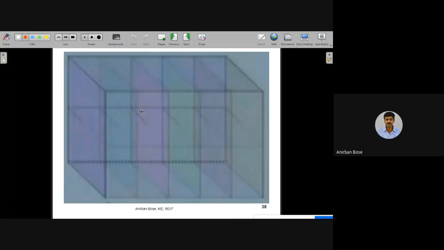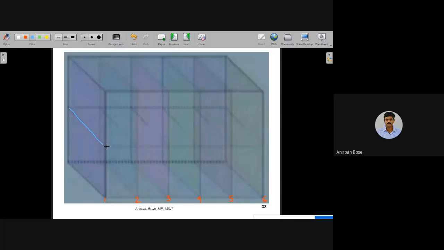This is the same picture that you have seen in the last slide. Here you see the first, the second vertical plane, this is the third vertical plane, this is the fourth vertical plane, fifth and sixth. So here you can see there are 6 vertical planes. If you look carefully you can also see there is a horizontal plane.